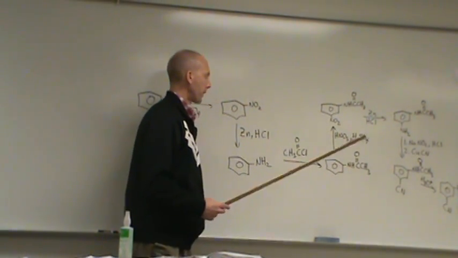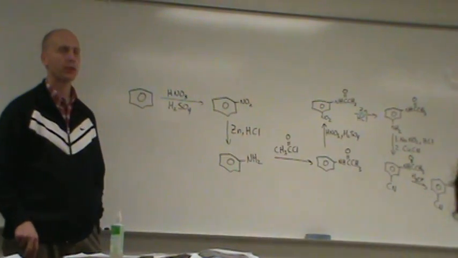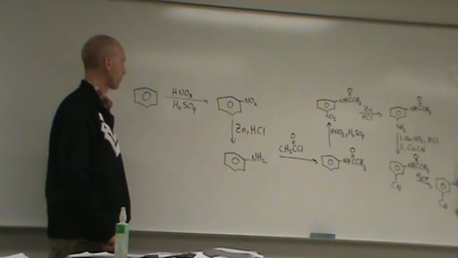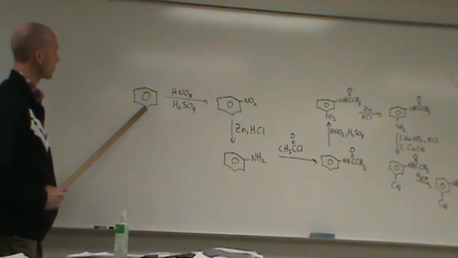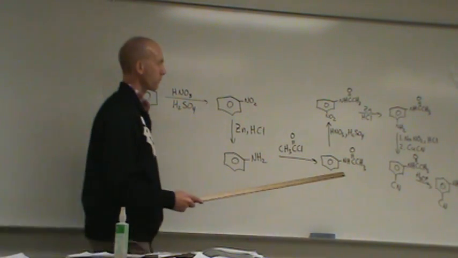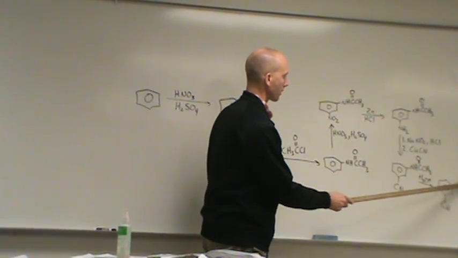And what I put on the board here was using some principles that we learned in the chapter. Okay, so if you want to follow along up here. My goal was to start with benzene, and I wanted to make this meta product here.